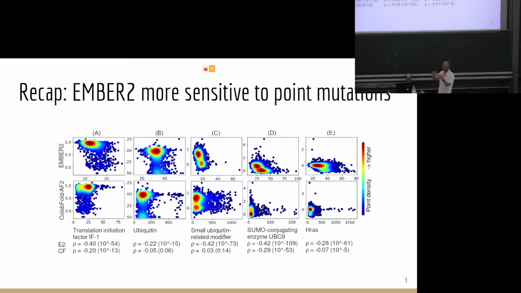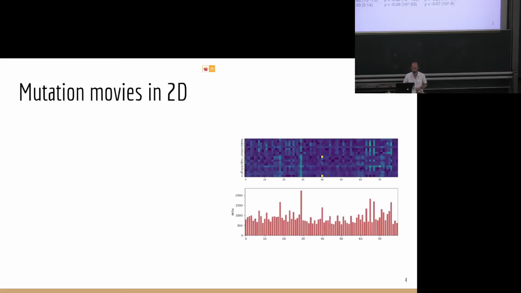If we measure these structure deltas for all these mutants and then correlate that with data from deep mutational scanning, for example, we see that this correlates much better for our embedding-based approach than it does for an MSA-based system like AlphaFold. So even though the overall quality of EMBER2 is much lower than AlphaFold 2 if you want a good, high-quality model for a protein, if you want to introduce mutations, it's actually much better to use embedding-based systems, at least on a broader scale.